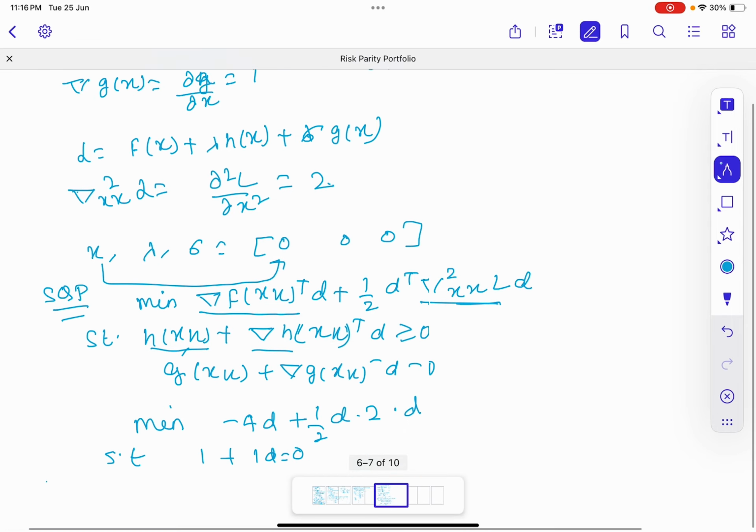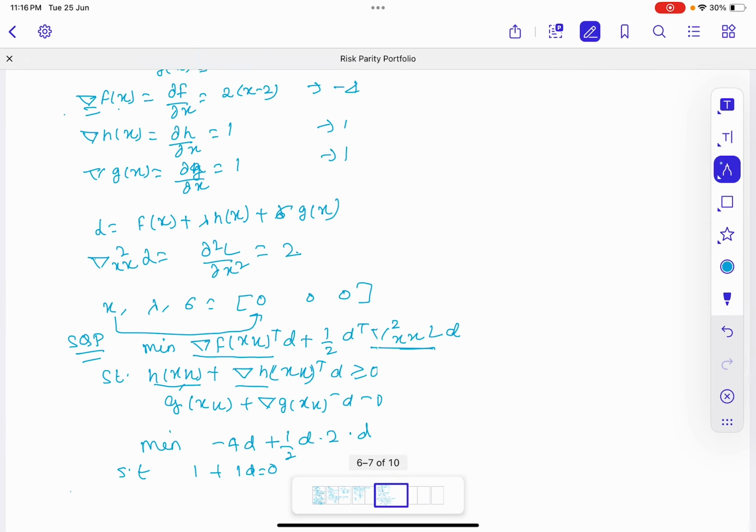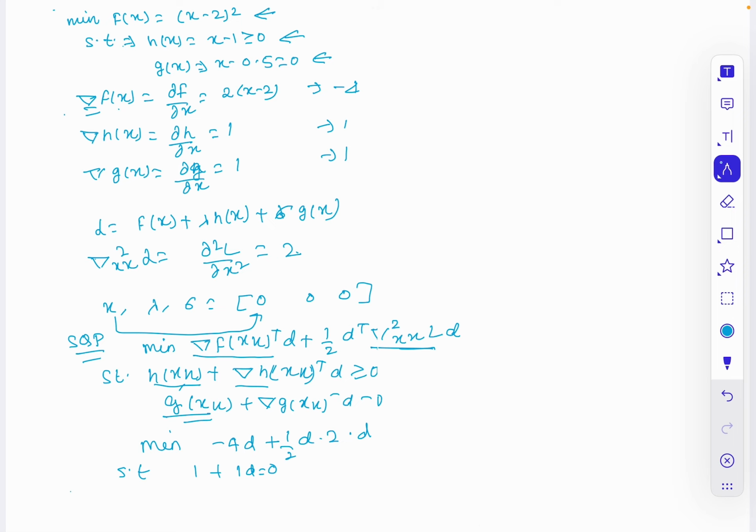And then the second condition is that g of xk is 0. What is g? g is nothing but x minus 0.5 equal to 0. So g of xk would be minus 0.5, plus this gradient which is 1, so 1d equal to 0.